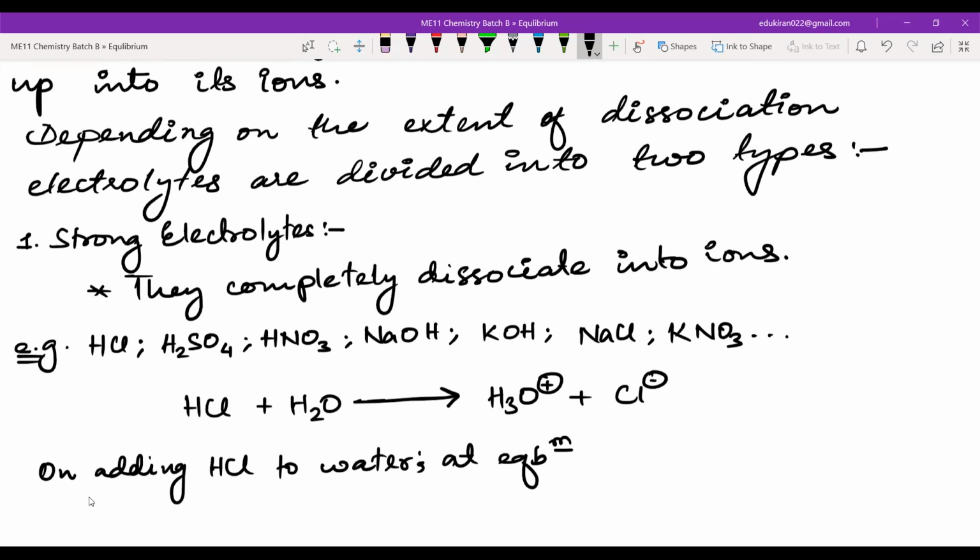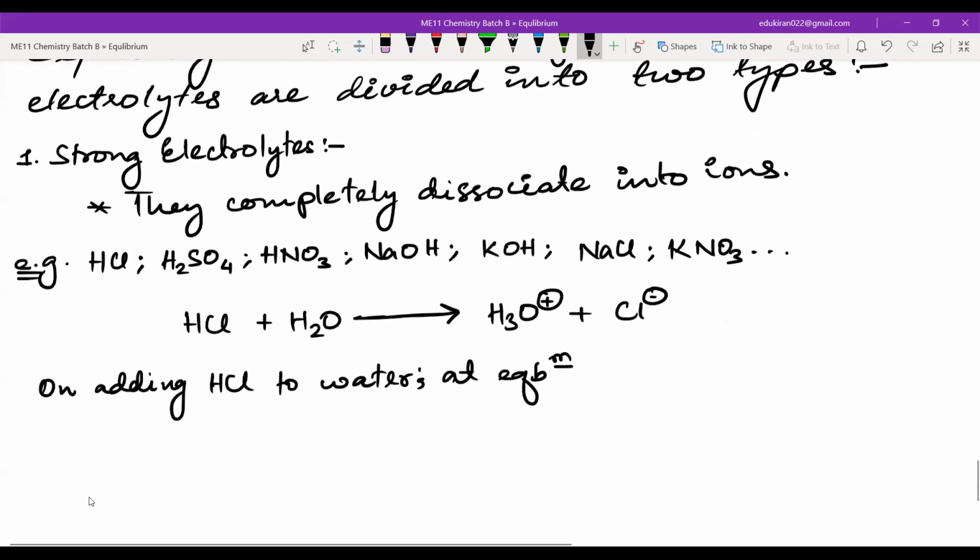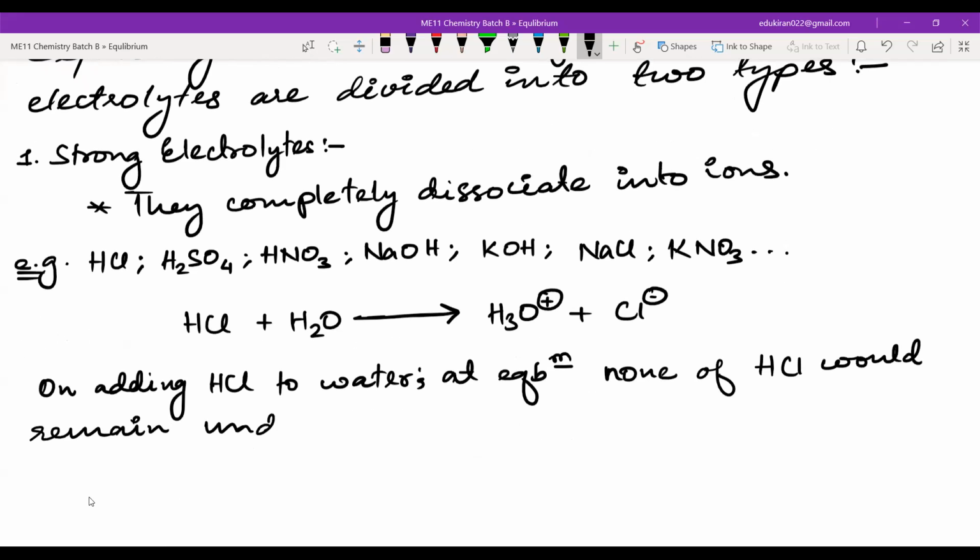If I've added HCl to water, at equilibrium none of the HCl would remain unionized.